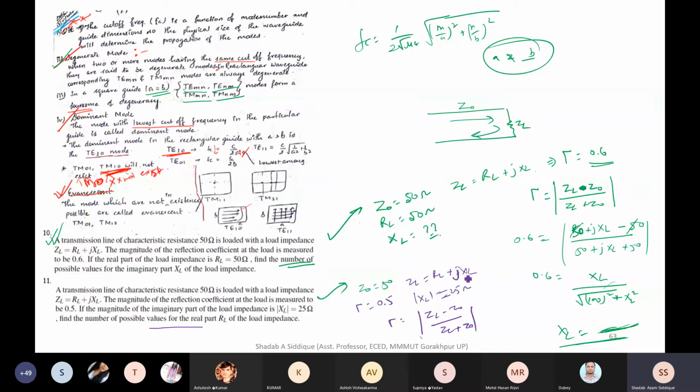So this is RL plus J25 minus 50 divided by RL plus J25 plus 50. Try to solve this and find the possible values of RL.